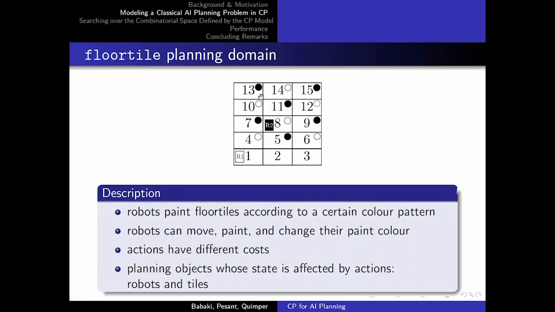Here you have 15 tiles. The dots on some of the tiles indicate the color that you need to paint them. And you see two robots whose color indicates the color they hold. The actions have different costs. And so here the planning objects whose state is affected by the actions are the robots and the tiles.